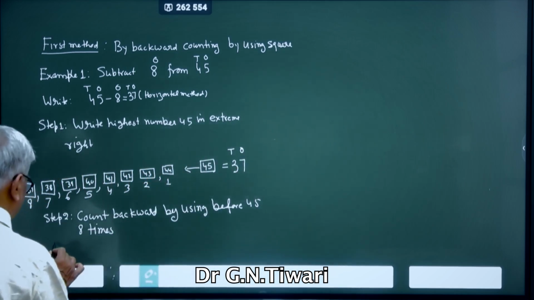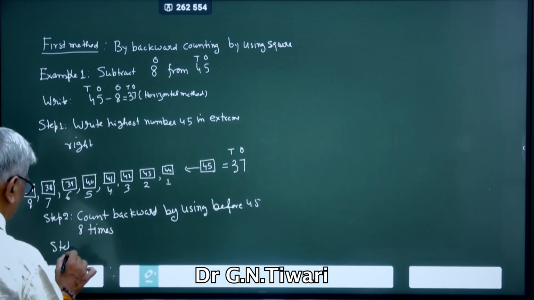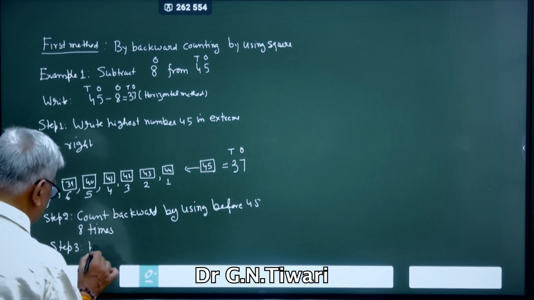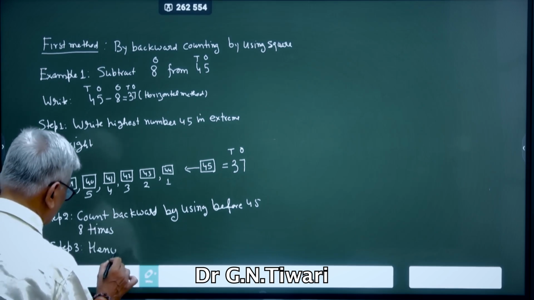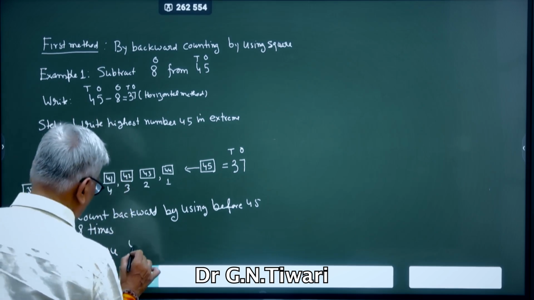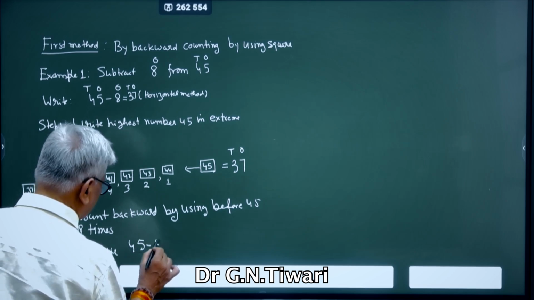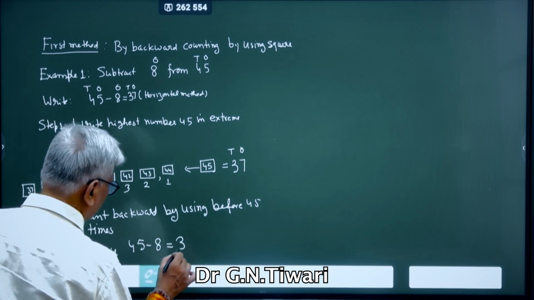So step 3, subtract. Hence, what you have written here is 45 minus 8 is equal to 37.